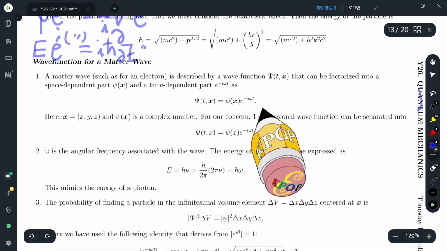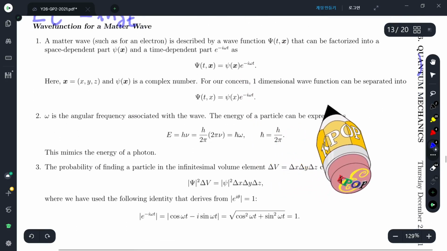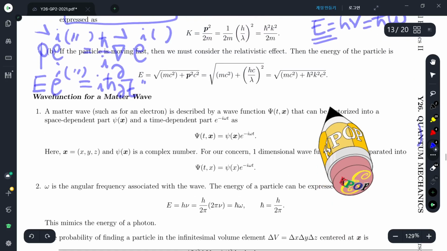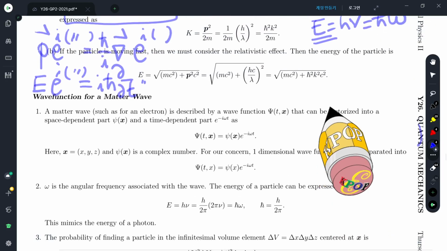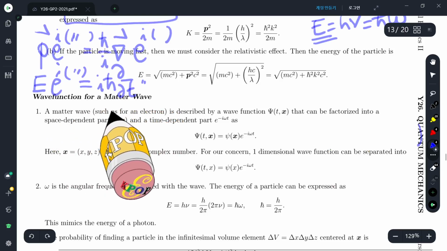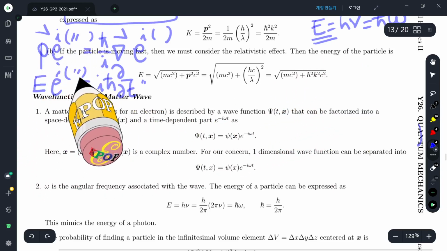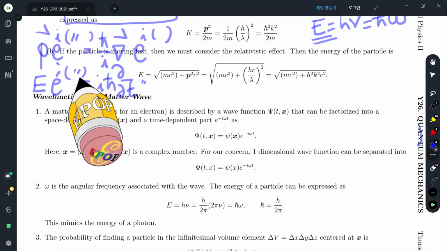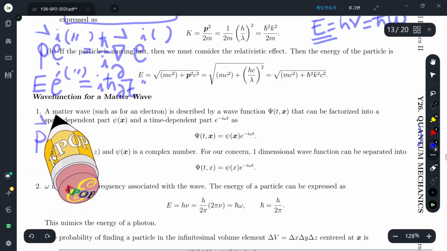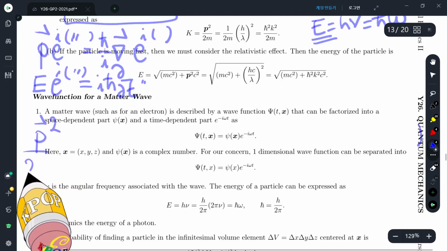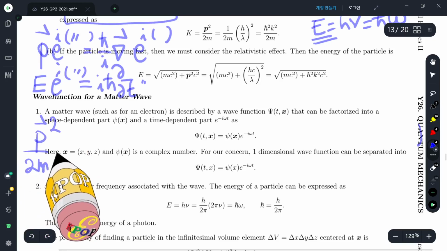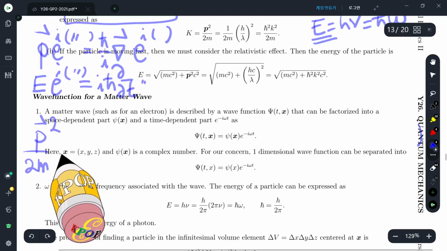All right. And then in a realistic case, we can also include the potential energy and the kinetic energy. Kinetic energy can be simply obtained by p squared over 2m in the non-relativistic case.